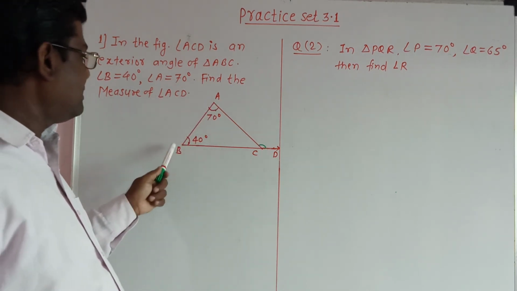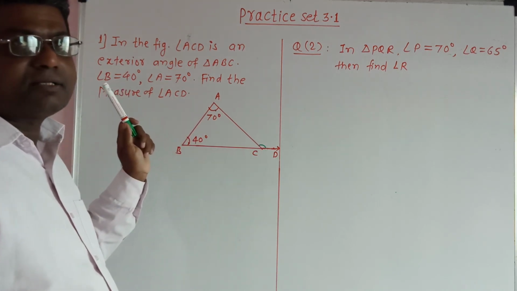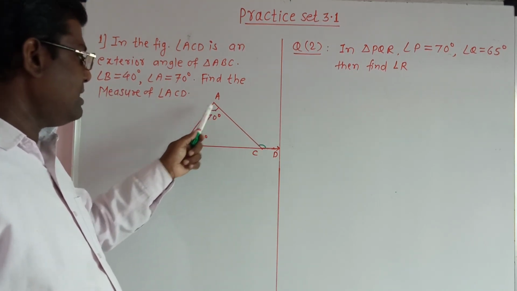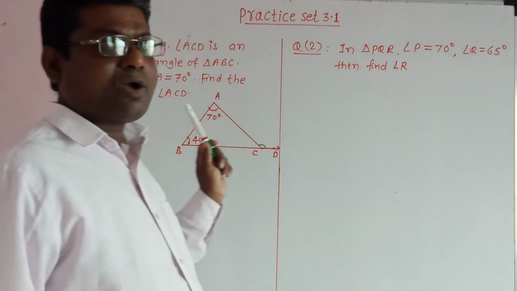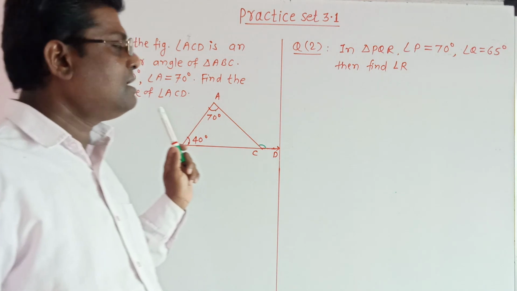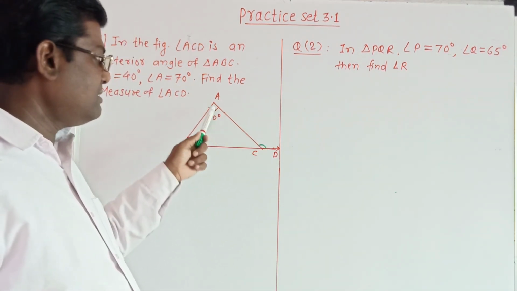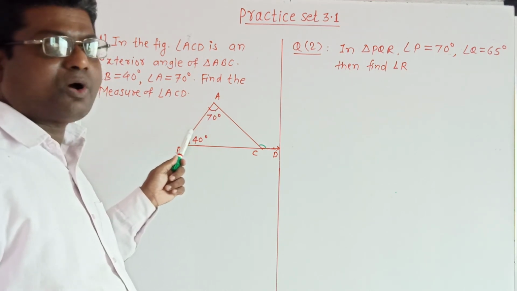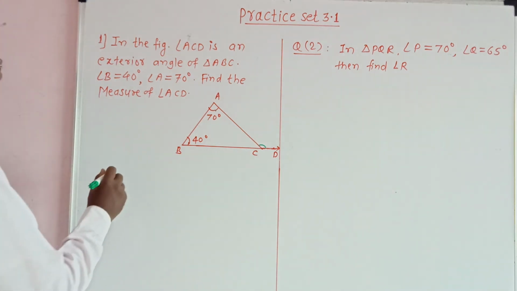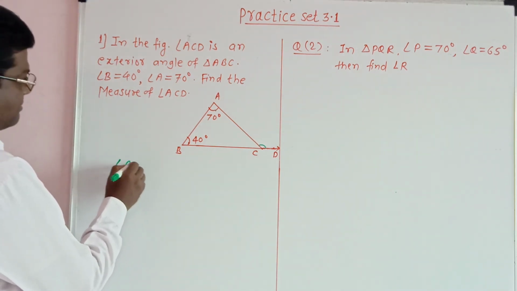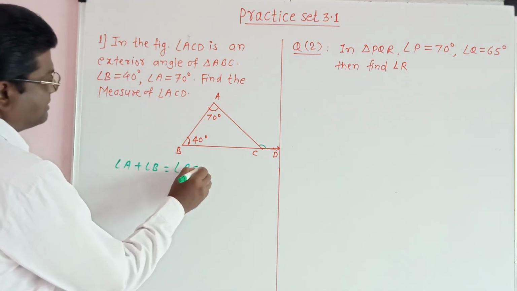Now let's see. In triangle ABC, angle ACD is the exterior angle, and angle A and angle B are remote interior angles. We know that according to the theorem of remote interior angles of a triangle, the measure of the exterior angle is equal to the sum of measures of the remote interior angles. Therefore, we can write angle A plus angle B is equal to angle ACD.